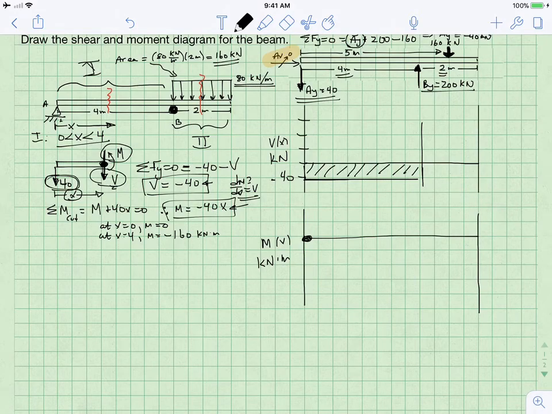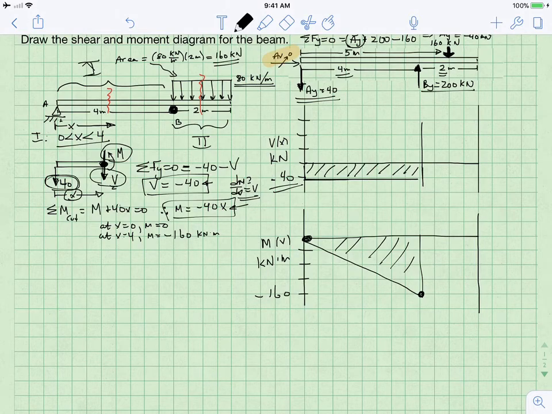Here we are, x equals 0, and then we end up with minus 160 kilonewton meters at this point here. We see a negative slope because we have a negative shear. So that was segment 1.